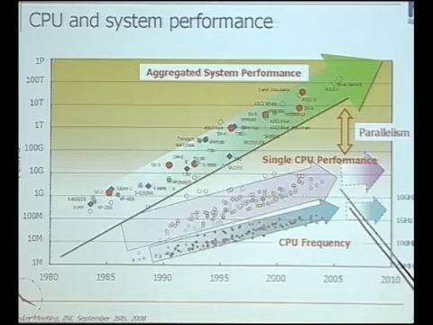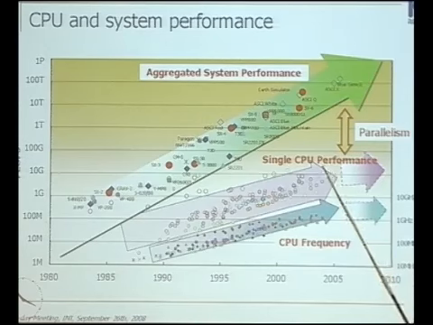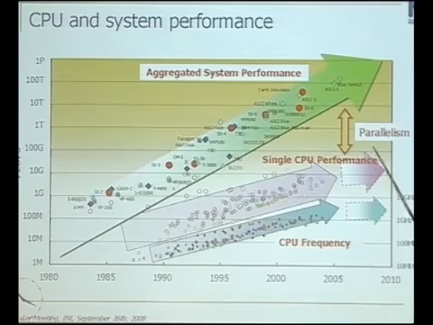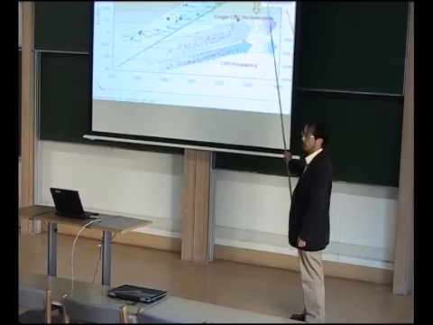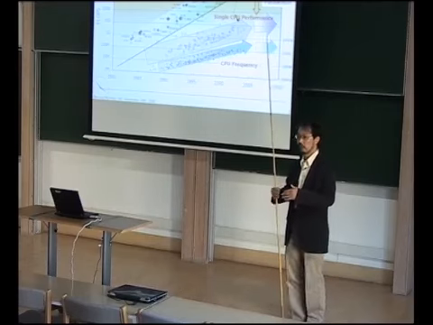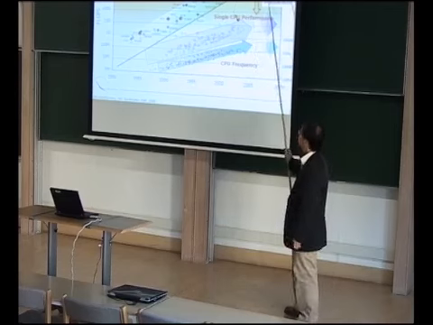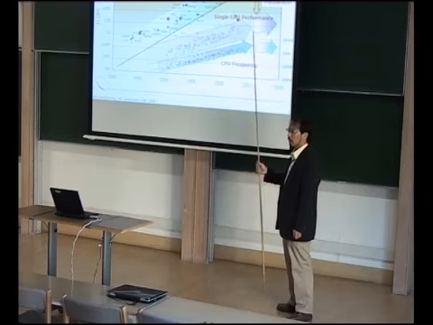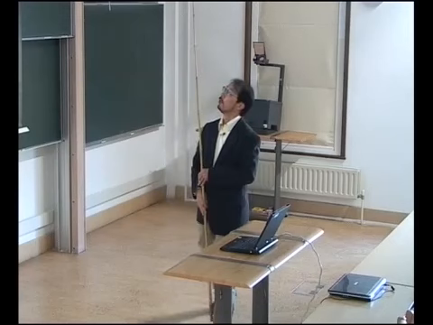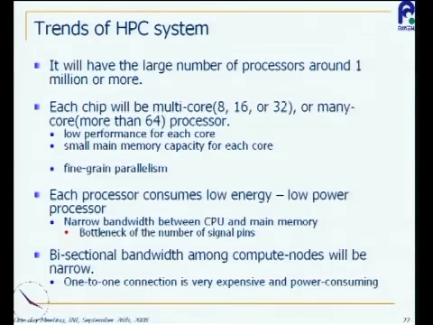With this limitation, the single CPU performance will also be limited. But the aggregate system performance is getting higher and higher because this comes from the parallelism of the system. There are many computing nodes in the system, so even if the single CPU performance is limited, the aggregated system performance can become higher and higher.